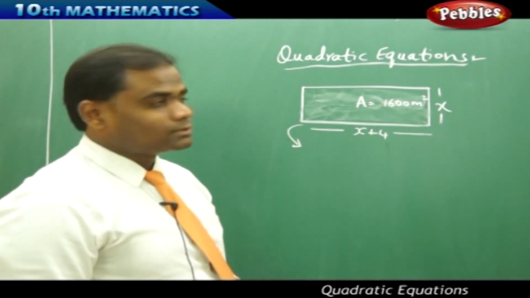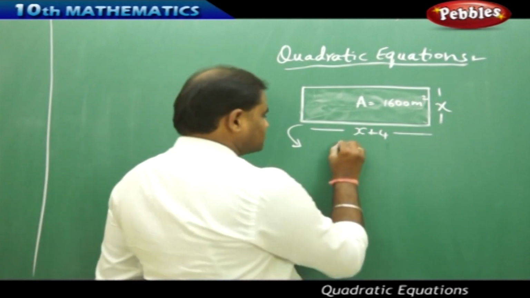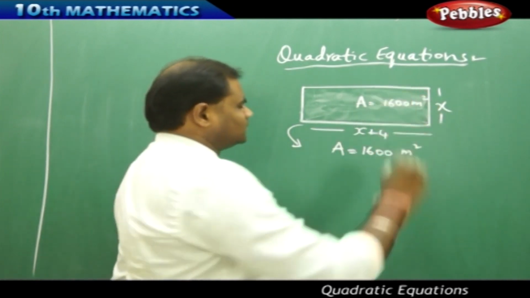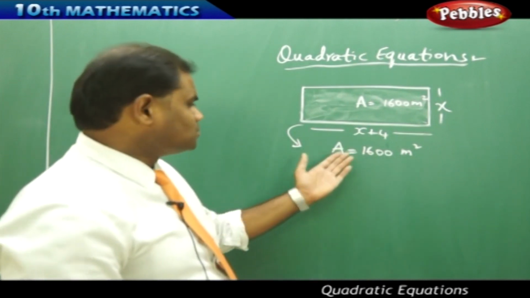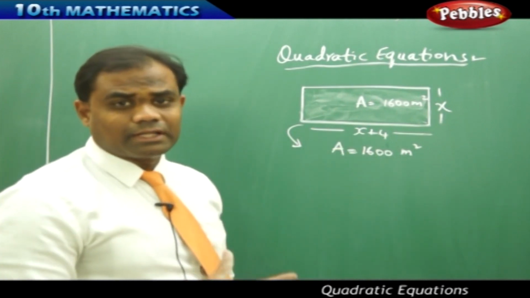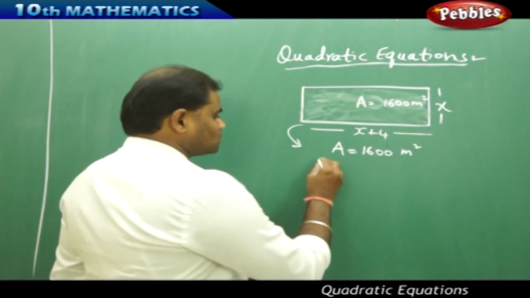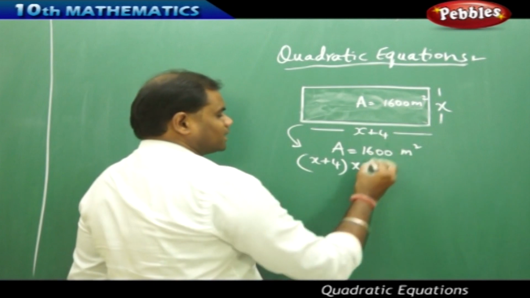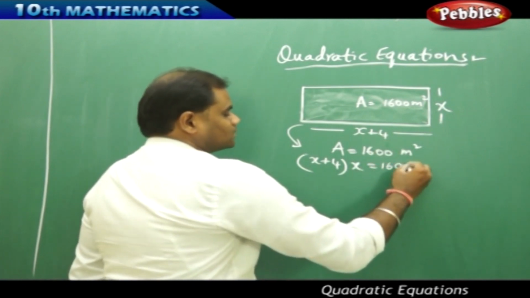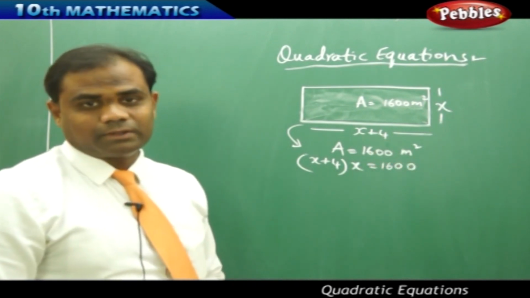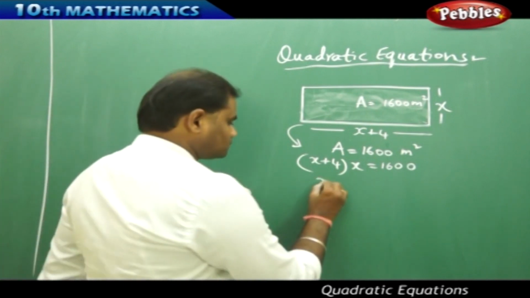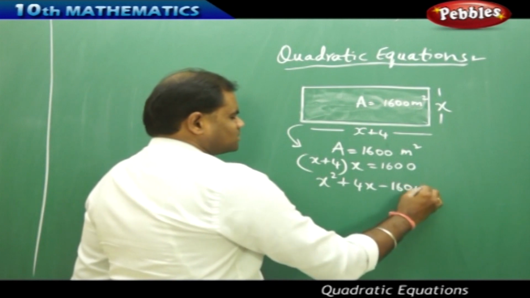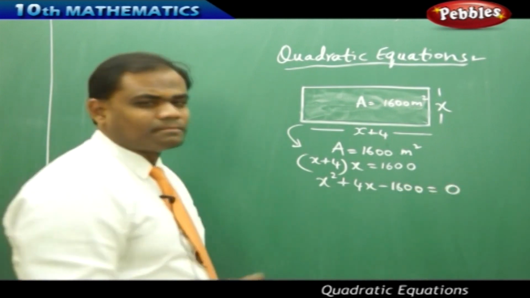As we know, the area of the rectangle here is given to be 1600 meters square, so I use the area of the rectangle, which is length times width. Length being x plus 4 times width being x gives 1600 meters square, which in turn gives x squared plus 4x minus 1600 equal to 0.